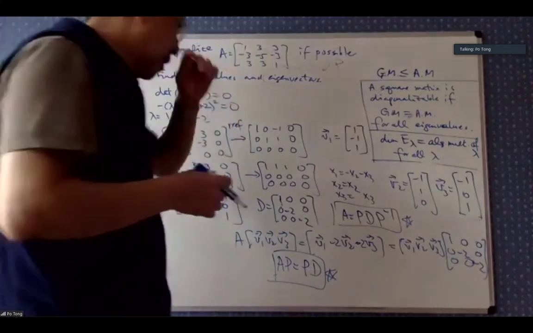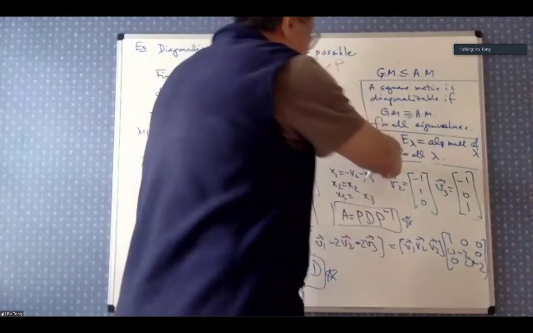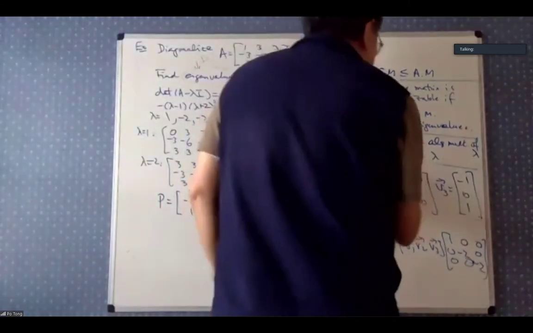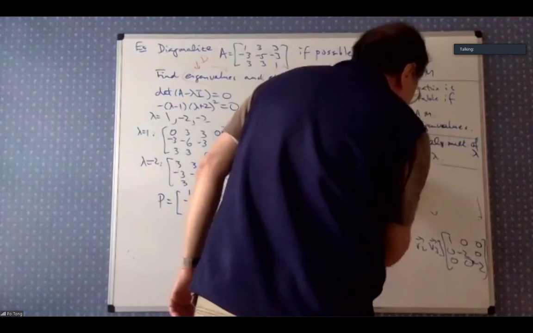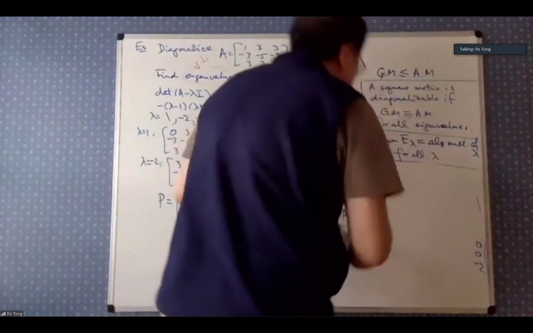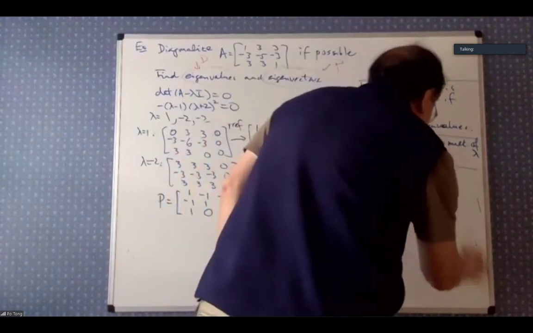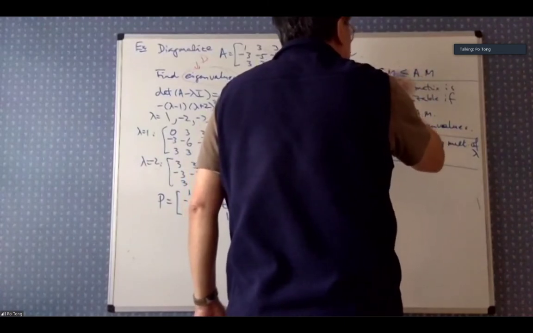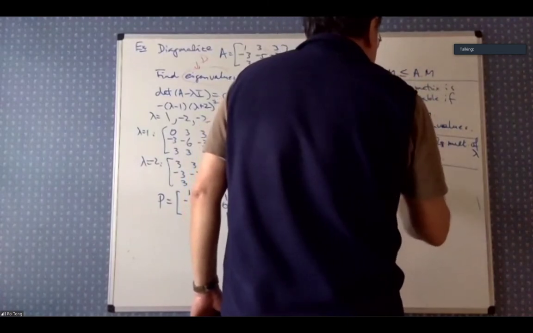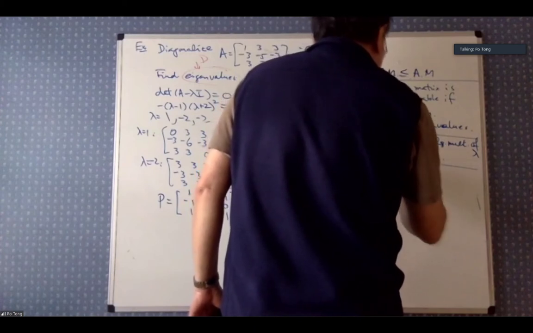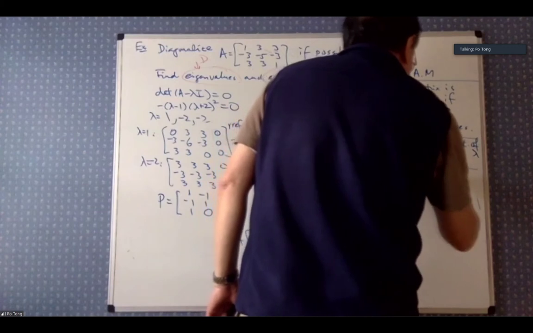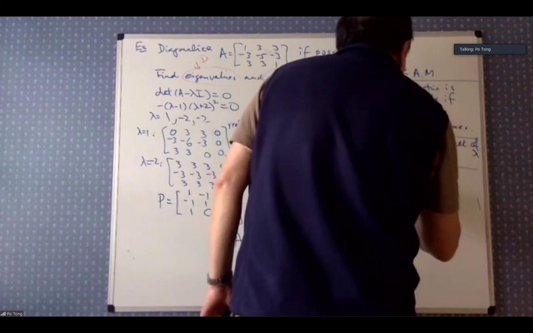Another way to say the same thing is that it's an n by n square matrix, so we want to have n linearly independent eigenvectors.